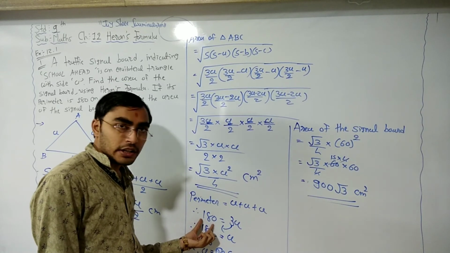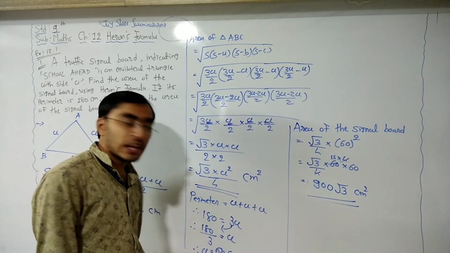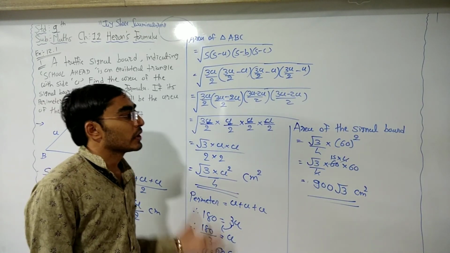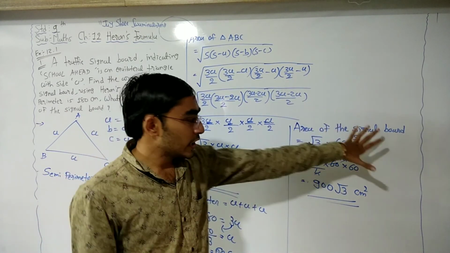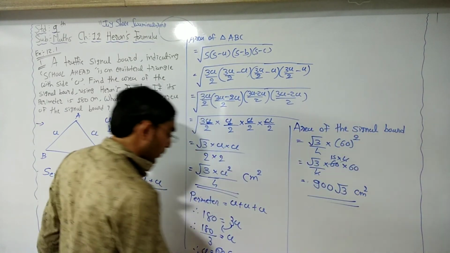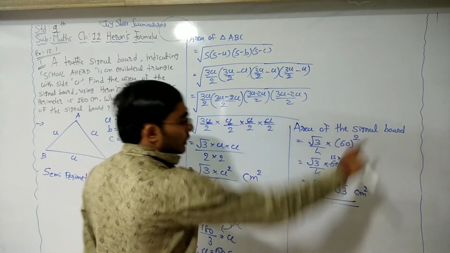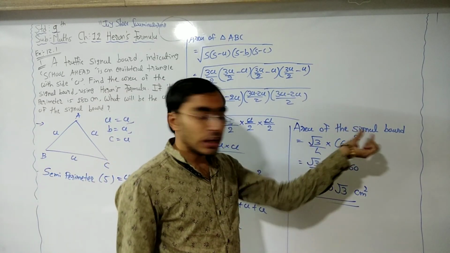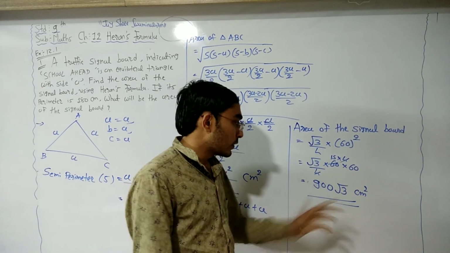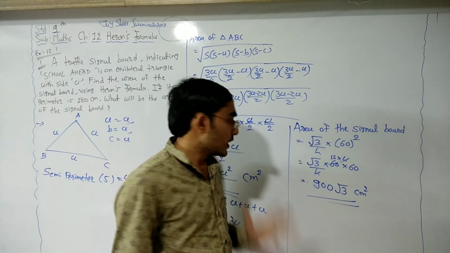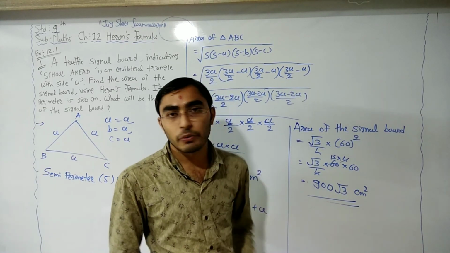Perimeter is 180. Find out the value of A, so A is equals to 60 centimeter. After that, area of the signal board, so put this value A is equals to 60 here. So we will get the answer of area of the signal board under root 3 by 4 A square, that means 60 square. So our answer is 900 under root 3 centimeter square.